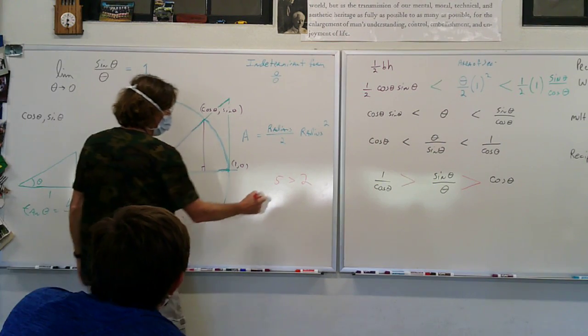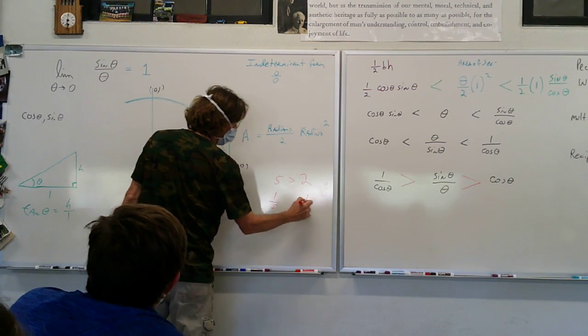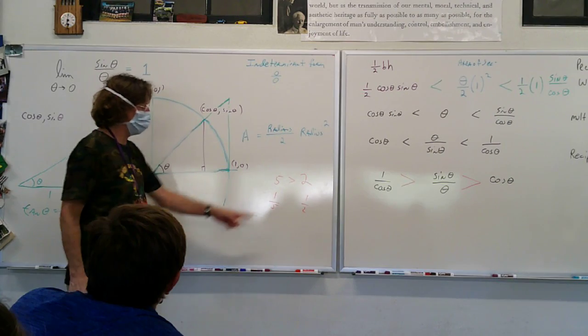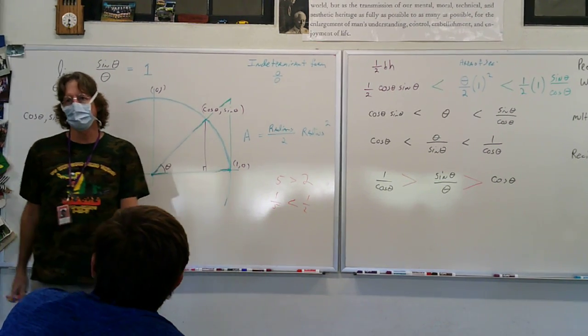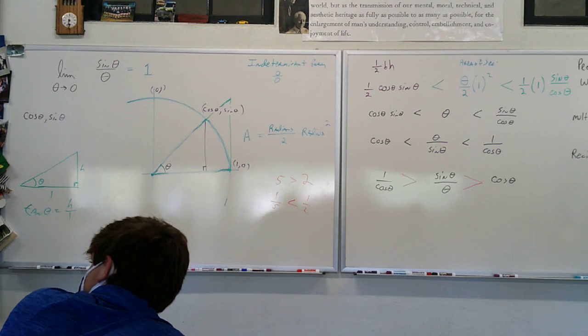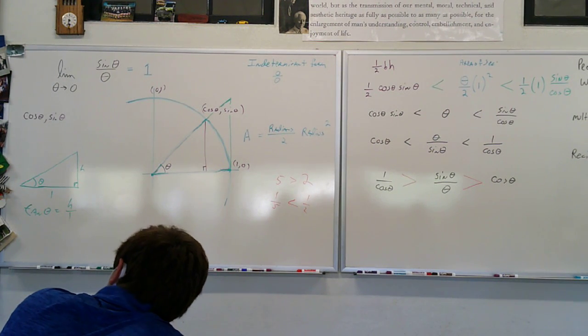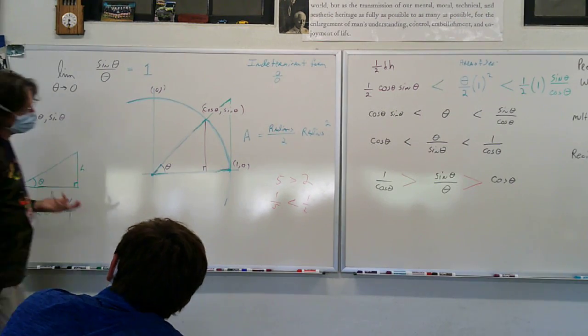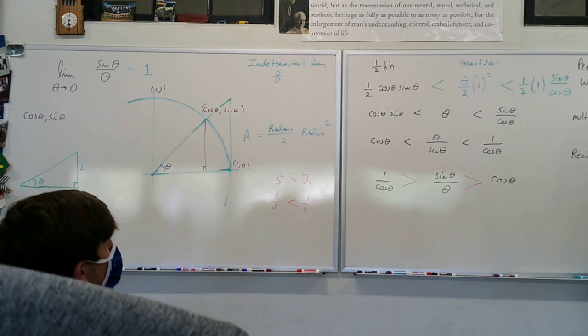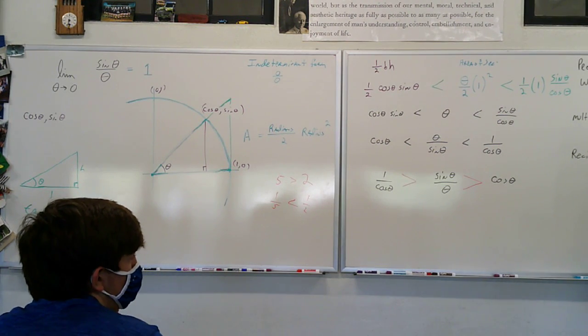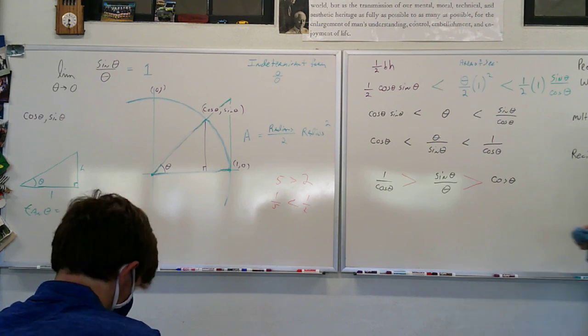Take the reciprocal. 1/5, 1/2. Is 1/5 greater than 1/2? Yeah, if you take the reciprocal of both sides, you have to change the direction of that sign. That's something you may not know. That's something we've got to show you. So far, so good. You're listening, you're learning. This is big time thinking, Mr. Shaw.